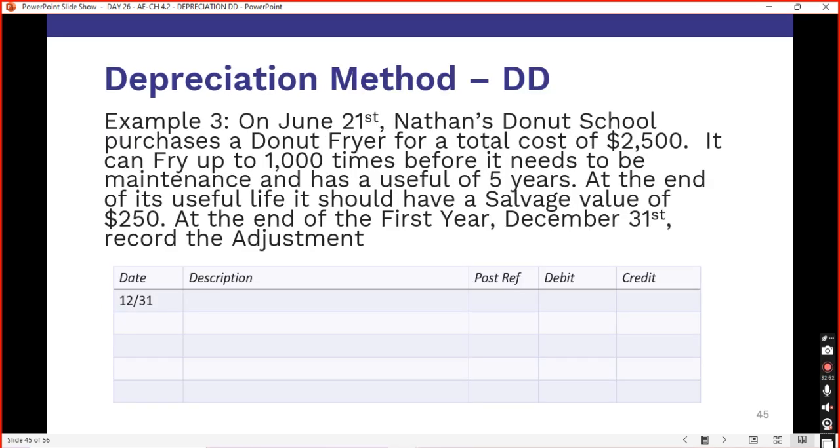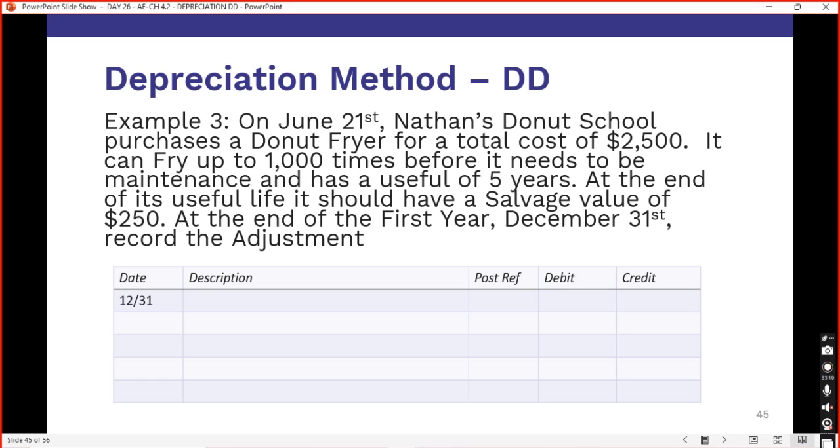So this time it's June 21st, and Nathan's Donut School placed in service the donut fryer for a total cost of $2,500. And it can fry up to 1,000 times before it needs maintenance, and has a useful life of 5 years.